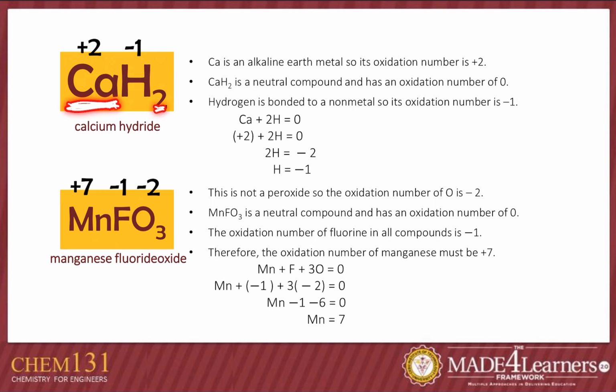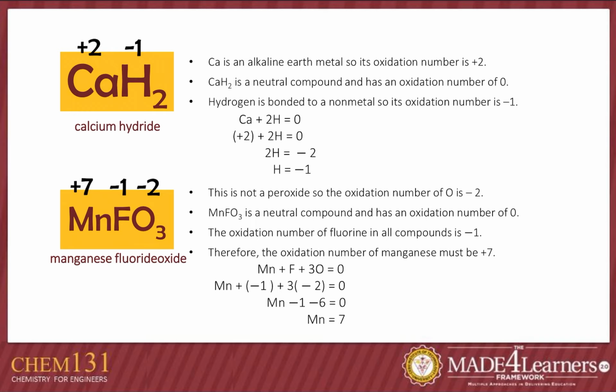So we have two hydrogen, and this is a case again wherein the oxidation number of hydrogen is negative 1 because it is combined with a metal. So one calcium plus two hydrogen, and it's equal to 0 because it's a neutral compound. So we have calcium at positive 2 plus two hydrogen equals 0, and therefore hydrogen has an oxidation number of negative 1.